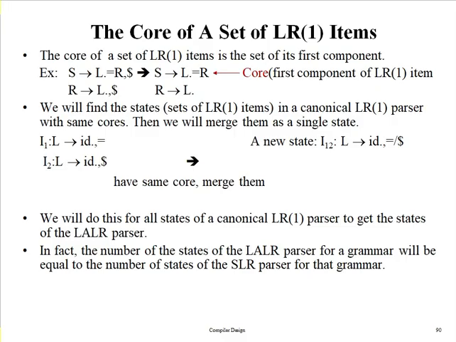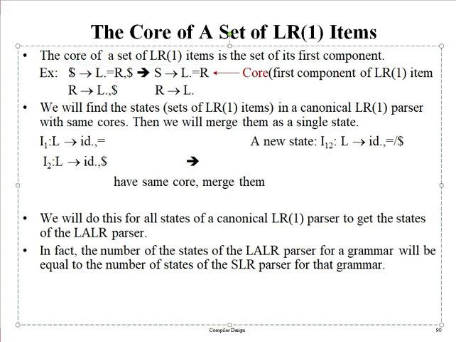So when we are merging, for example, if we have an item S derives L dot equal sign R, with parameter dollar sign, and R derives L dot, with parameter dollar sign, this production rule part we call the core part.